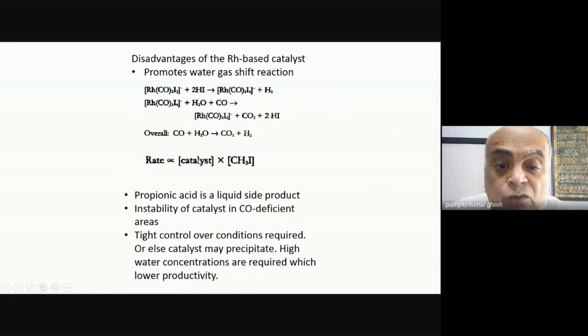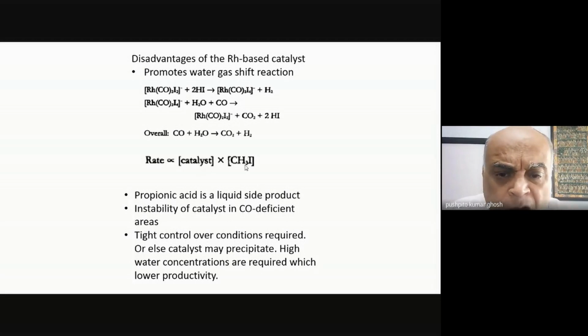So propionic acid became a side product which you don't want. You want it to be much more well controlled, so that you're getting exclusively acetic acid. And so that was one of the things.